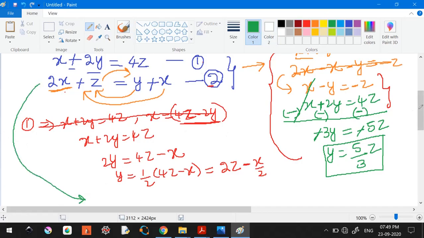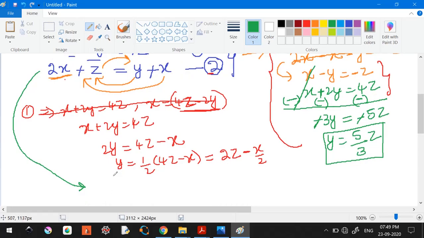I hope you are getting this. The second equation is simplified in a form which I have already written here, but let me write 2X plus Z is equal to Y plus X, right?